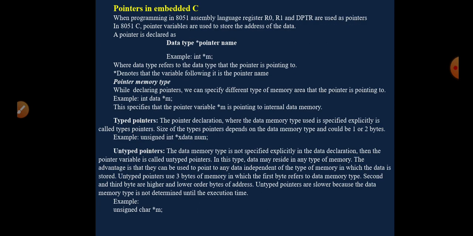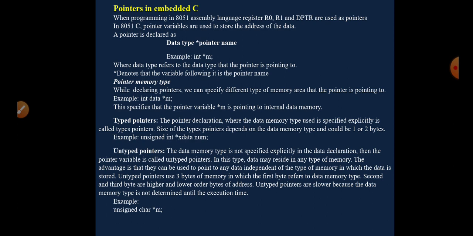Coming to the next one, pointer memory types. While declaring pointers, we can specify different types of memory area that the pointer is pointing to, for example int data * m. This specifies that the pointer variable *m is pointing to internal data memory. Data is the type specifier.